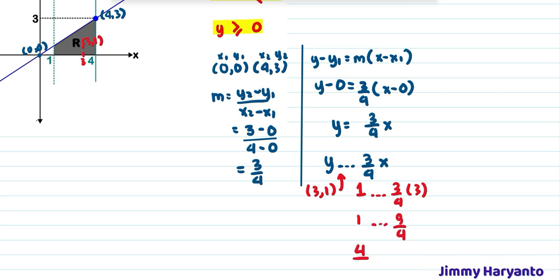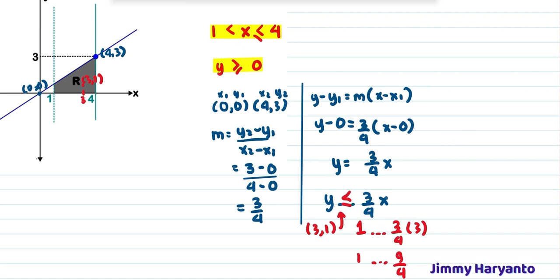We already know that 1 is 4 over 4. 4 over 4 is less than 9 over 4, so this one is less than. Because it's a straight line, you have to put equal to. So the final answer is this one. Okay, that is example question 2.